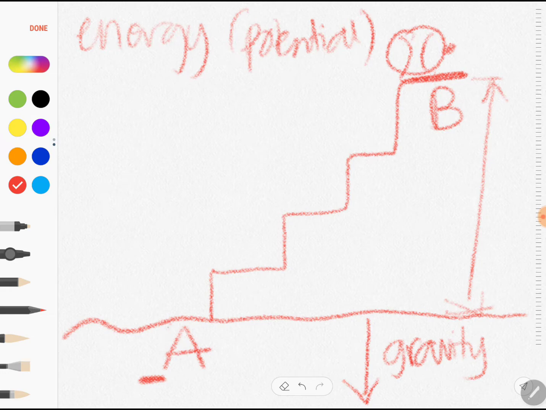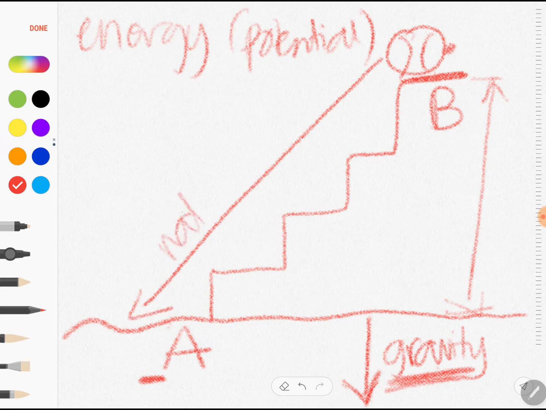Yes, it will move naturally because of gravitational force. Remember, gravitational force is directed downwards. So when it moves from position B to position A, this is its natural movement. Okay, it will move naturally downwards.